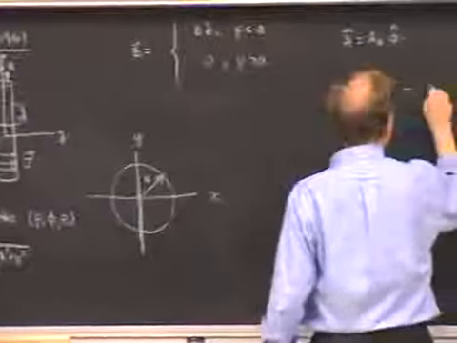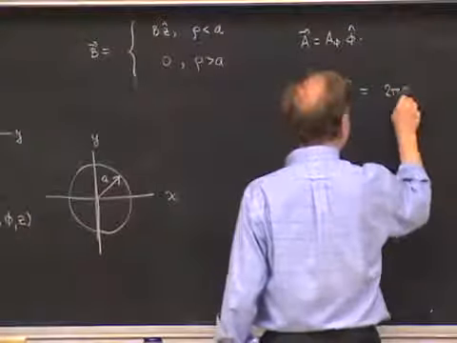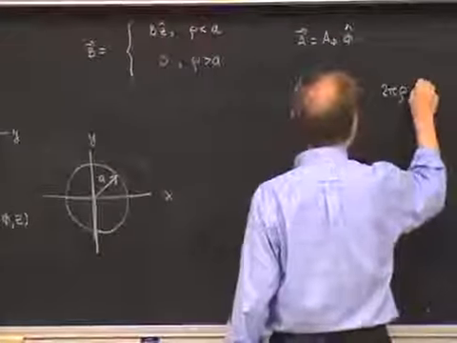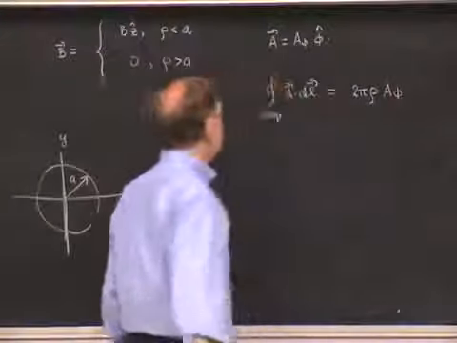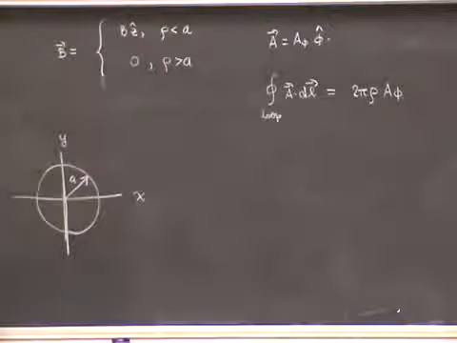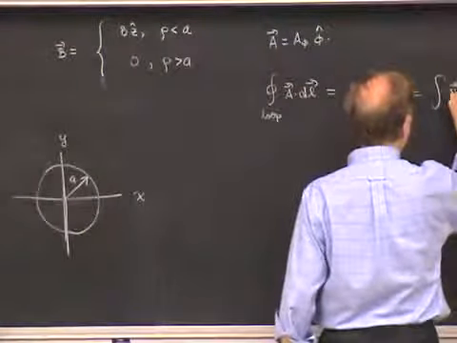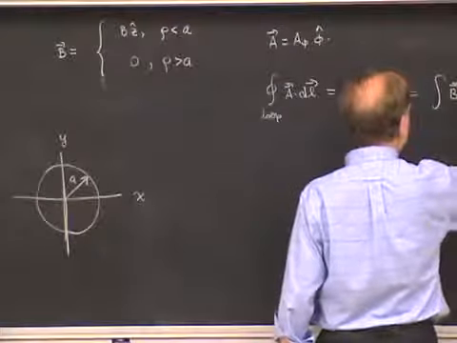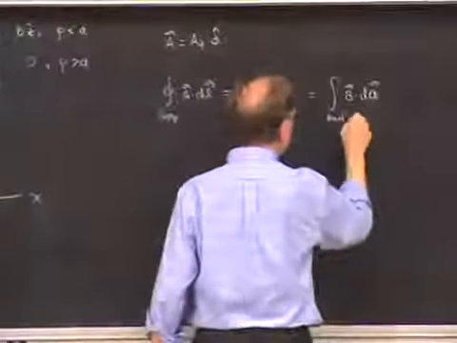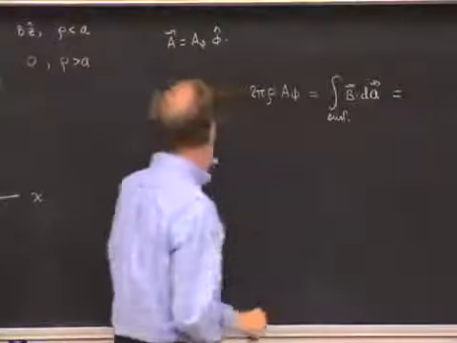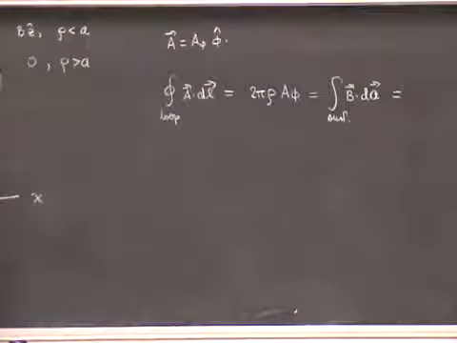And that's equal to the circumference of the loop, which is 2 pi rho, times A phi. However, by Stokes' theorem, this is also equal to the magnetic flux. It's the integral of B dot dA over the enclosed surface. And that's the same as the magnetic flux, which is enclosed by the loop.